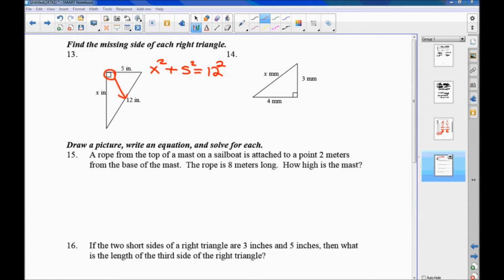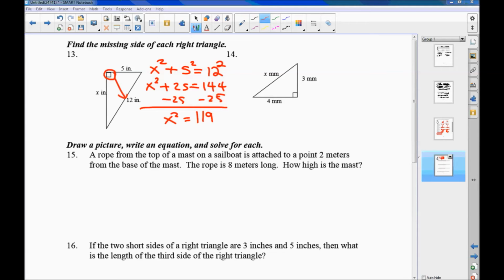Okay, so now here I've got x squared plus 25 equals 144. And then we subtract 25 from both sides. And we get x squared is equal to, and here I use my calculator, 144 minus 25 is equal to 119.